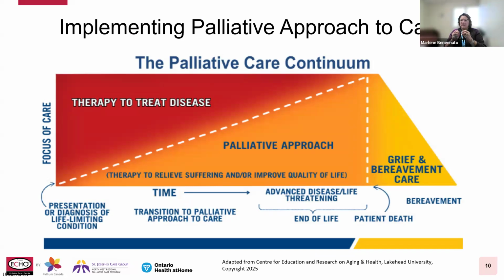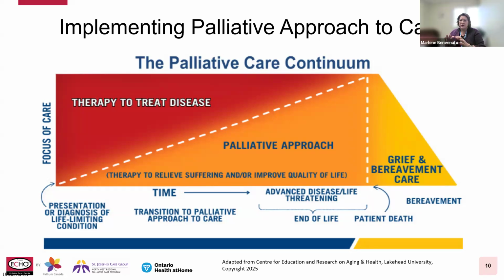So as I indicated in one of the other slides, palliative approach can work alongside other therapies. So when I'm discussing how it can be introduced at the beginning of someone's diagnosis or presentation of their life-limiting disease, that may look like education, having those conversations about understanding what they understand in their disease process, or what's important to them, right?